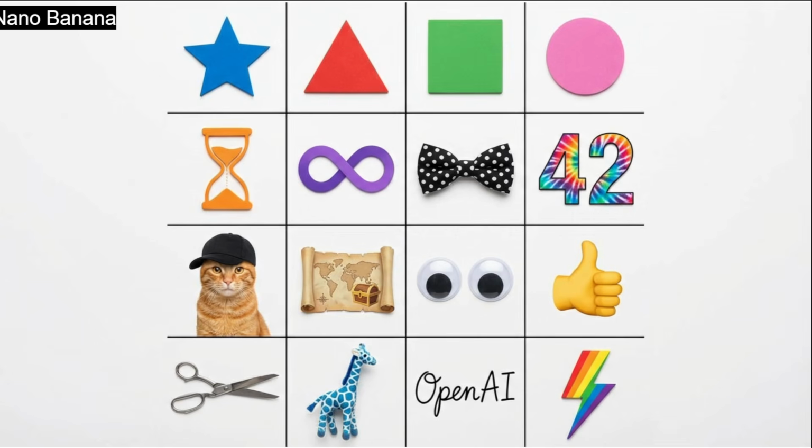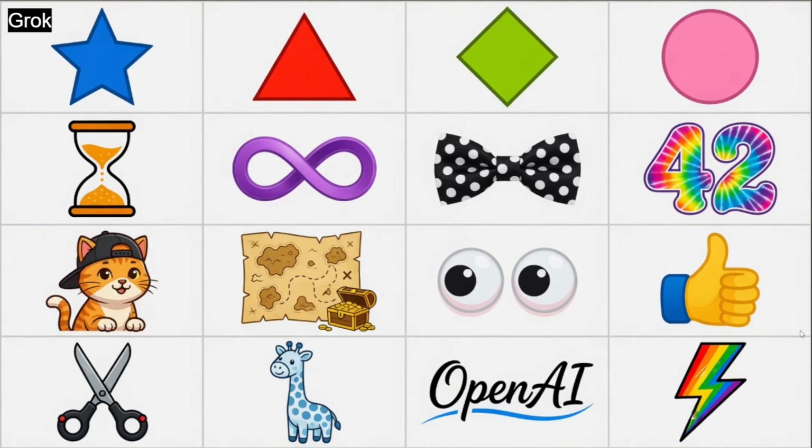As you can see, these are all of the elements asked for, like the blue star, or the icon here of the sand timer, or the cat with the head, the treasure map, the googly eyes, the emoji of the thumbs up, the colored 32 here, and so on. Now also Grok is doing an amazing job with that. All of the elements are there, all of them are correct.